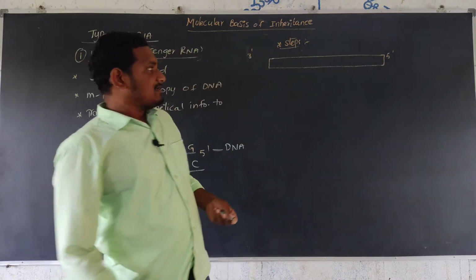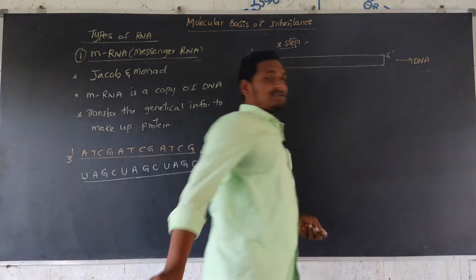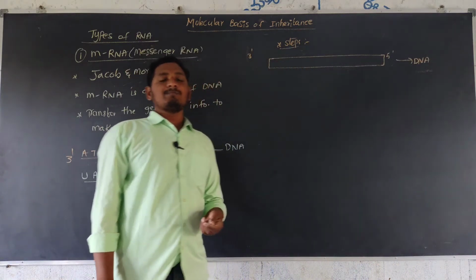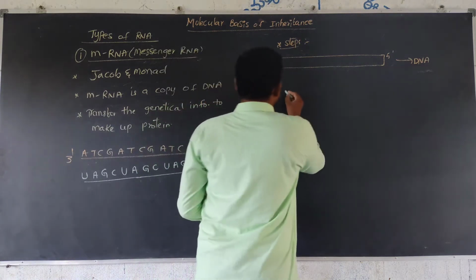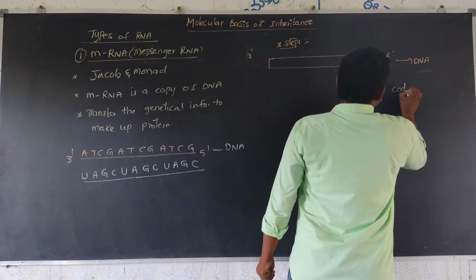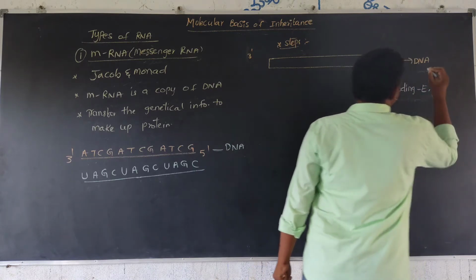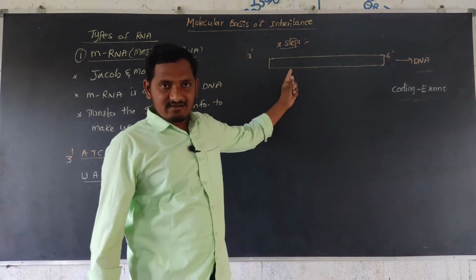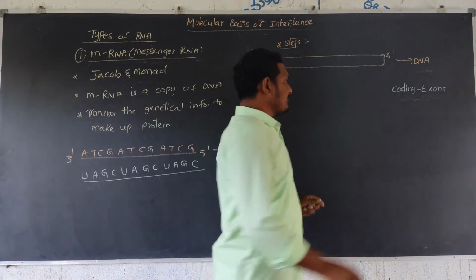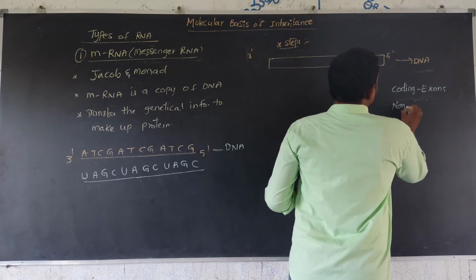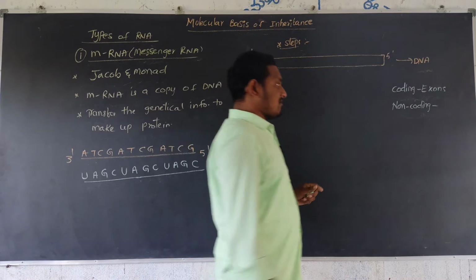In this DNA strand, some coding part is there, and some non-coding part is also there. The coding part is exons. The coding part is there in a general DNA strand, that is, the coding part is exons. The non-coding part is also there. That non-coding part is introns.